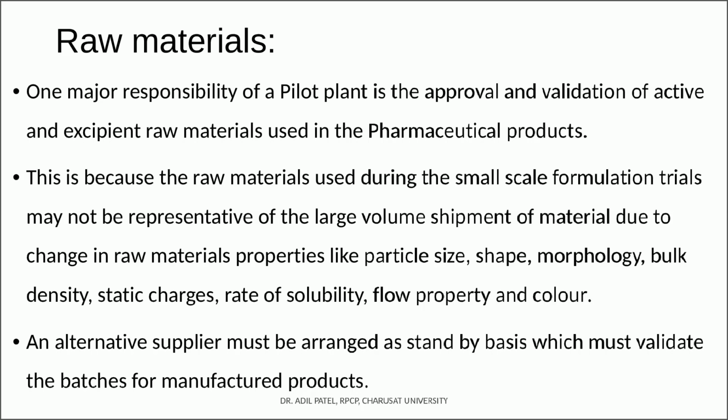So an alternative supplier must be arranged on a standby basis, which must validate the batches for manufacturing product. All the properties of raw material may differ when you are working on a large scale compared to the small scale, because on small scale the packaging and distribution is different, on large scale the packaging and distribution is different.